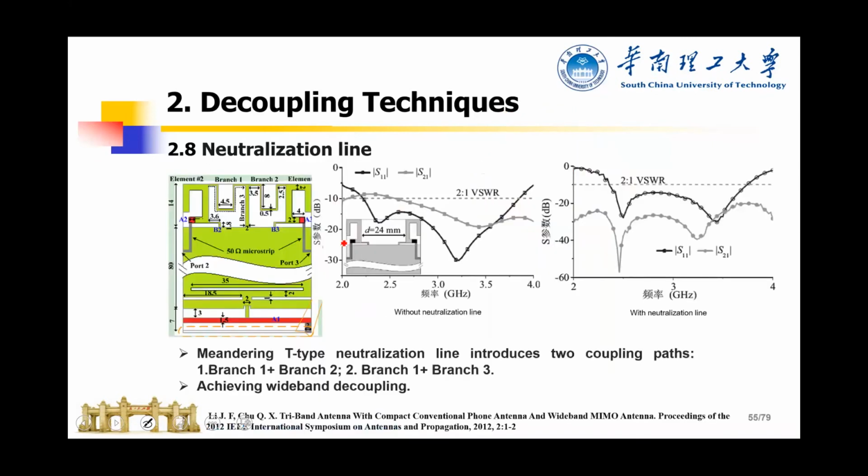Also in this work my students use a T-shaped neutralization line like this, so can get two resonances, so get a wideband decoupling.